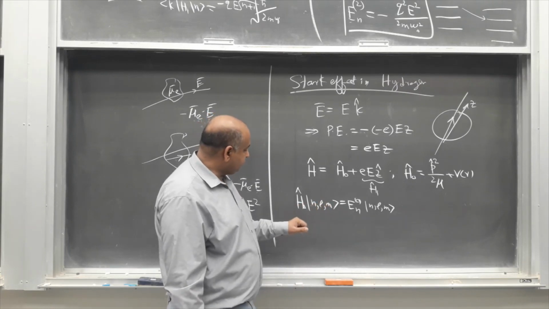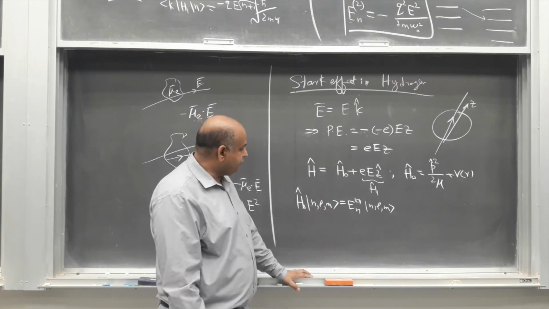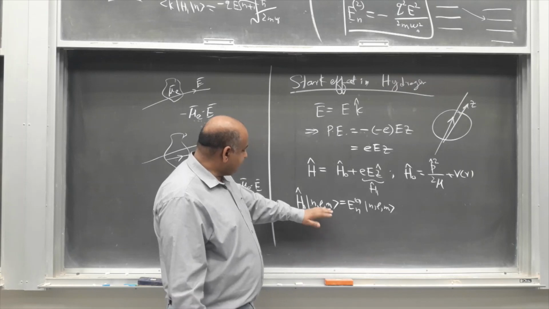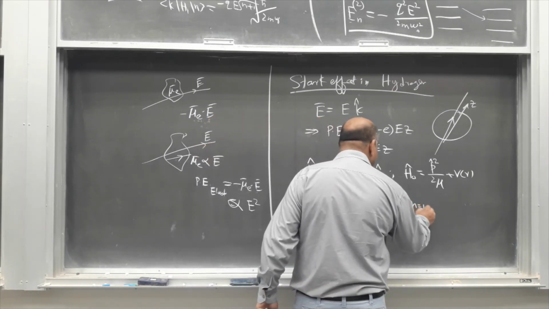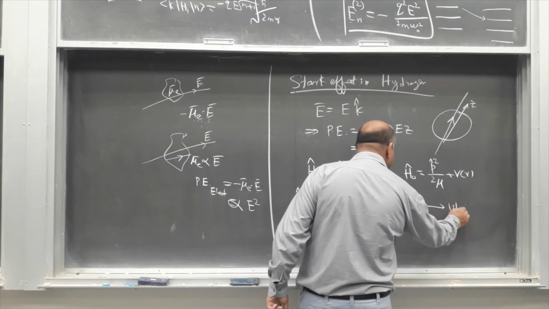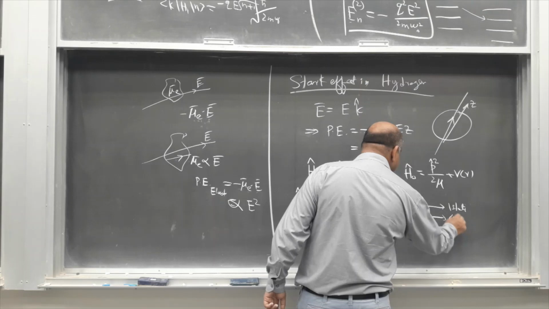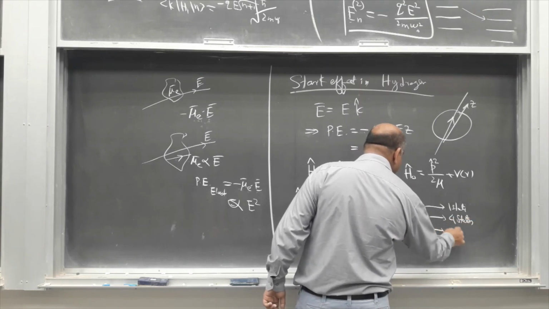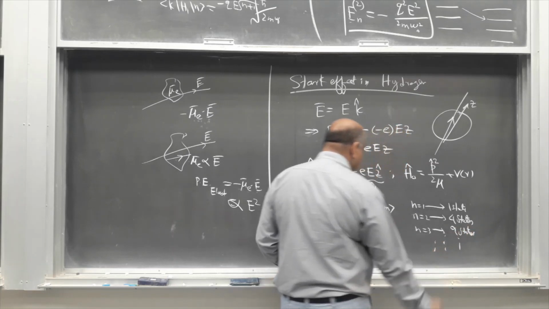And as we have already seen, this system, if we neglect the spin of the electron, which we are doing right now, is n squared degenerate. For example, for n equal to 1, we have only one state. For n equal to 2, we have 4 states. For n equal to 3, we have 9 states, and so on.